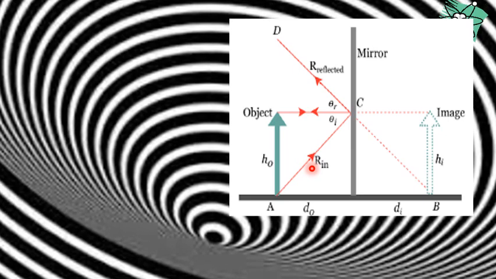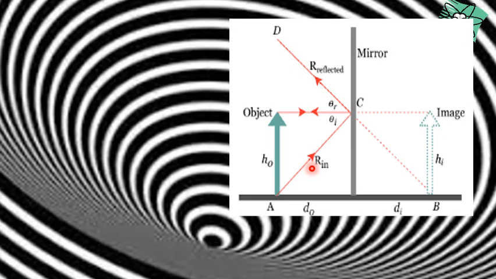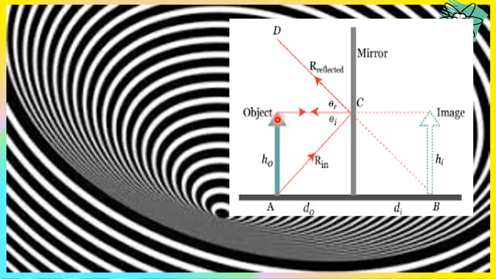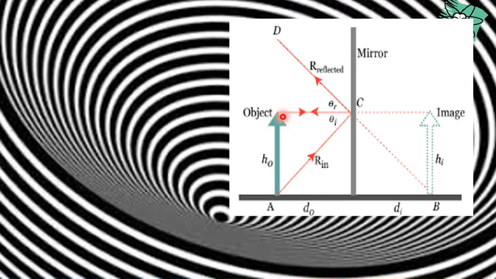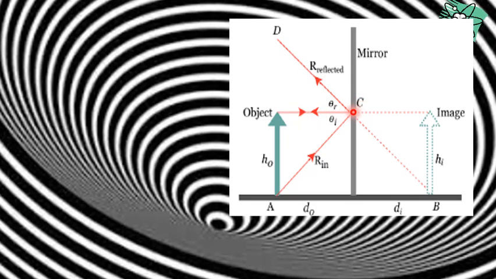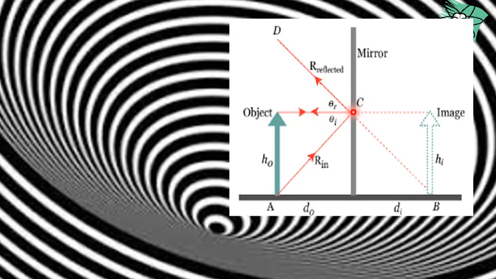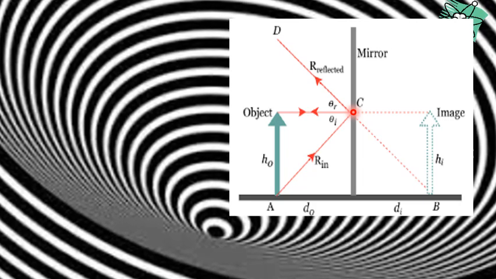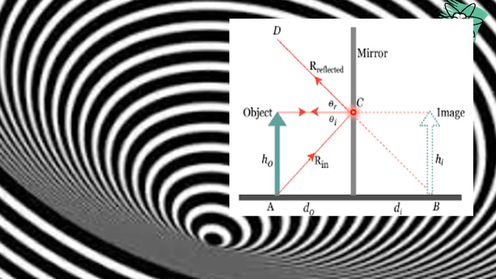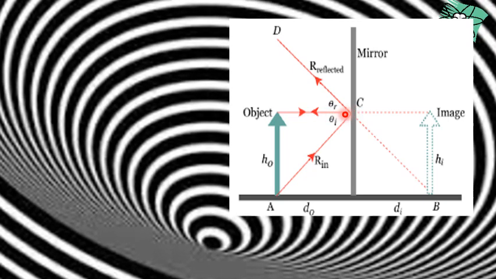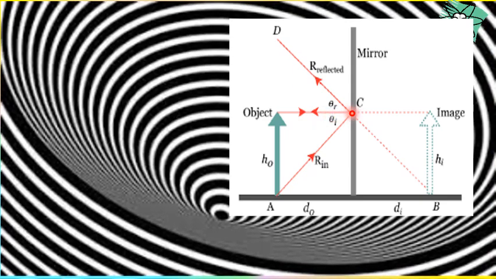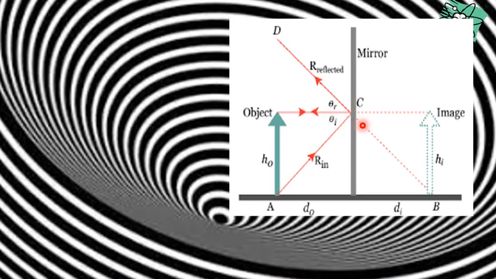So, when an incident light ray from the tip of the object hits the surface of the mirror at point C, the way it hits the mirror is such that it is perpendicular to the surface of the mirror.